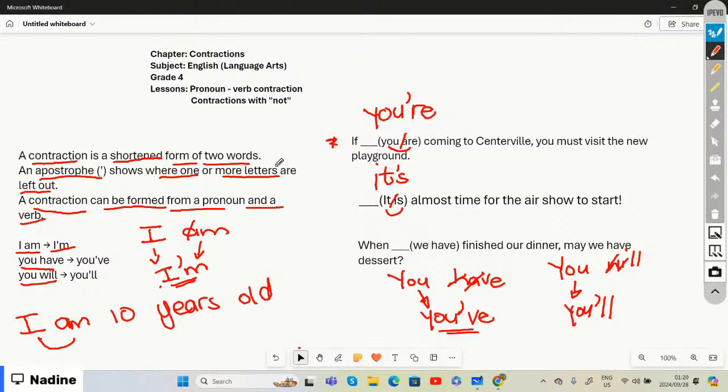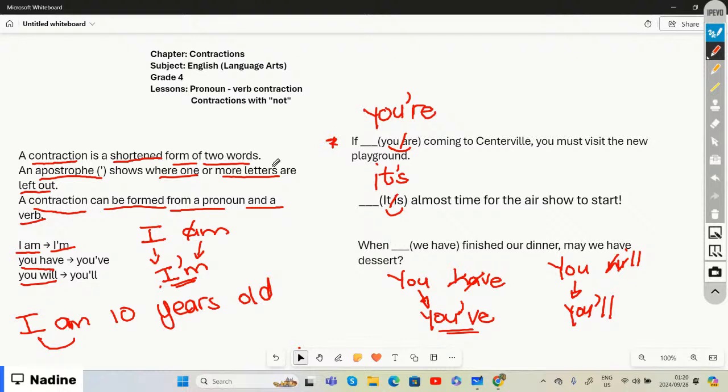The words we have, we need to shorten those words.